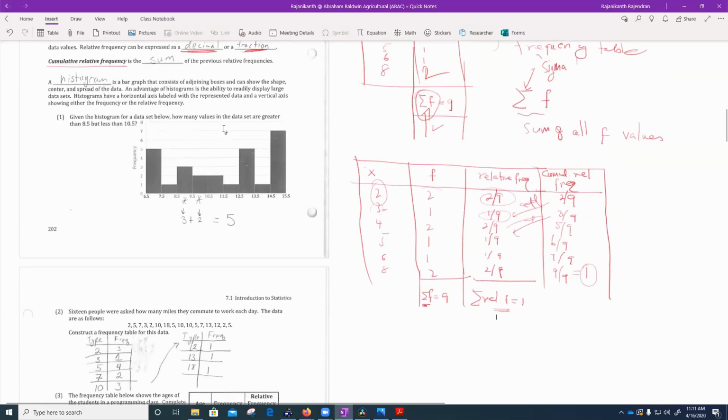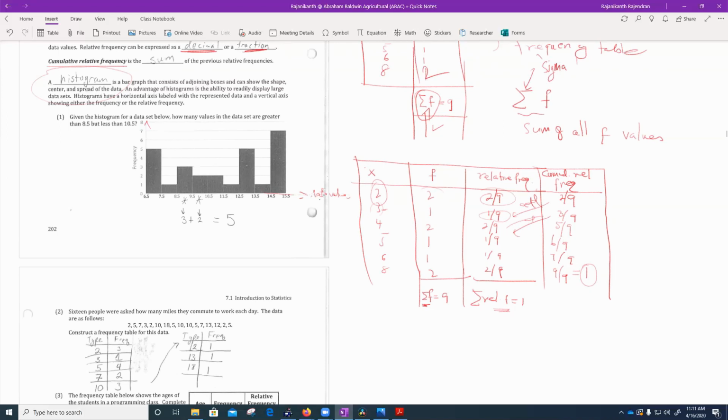Next one, histogram. A histogram is a bar graph, but you should not have any space or gaps between two blocks. Without space, you have to draw the blocks. My x value is always my data values. Your y-axis is always the frequency for each data.